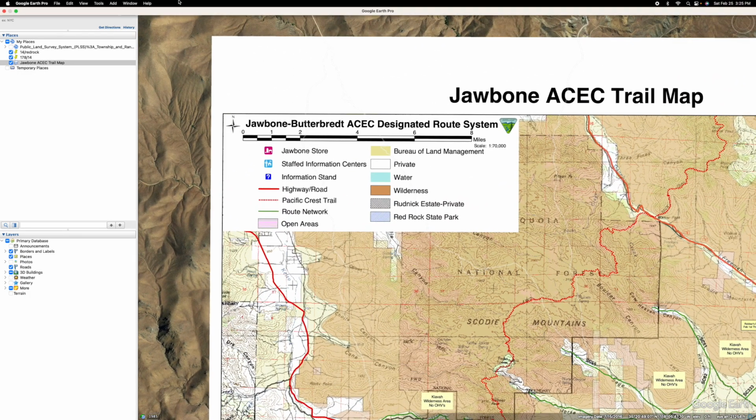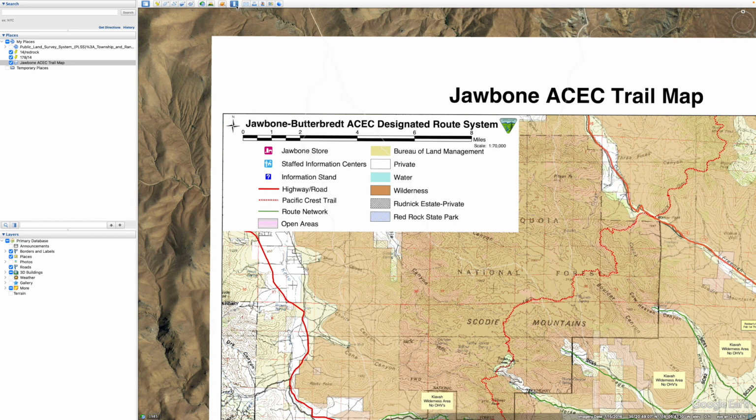And now we are going to use the ruler, and I'm going to draw a line equal to one of these distances on this map. I'm just going to use the 1 mile. So I'm going to click here, and I'm going to go out a mile.